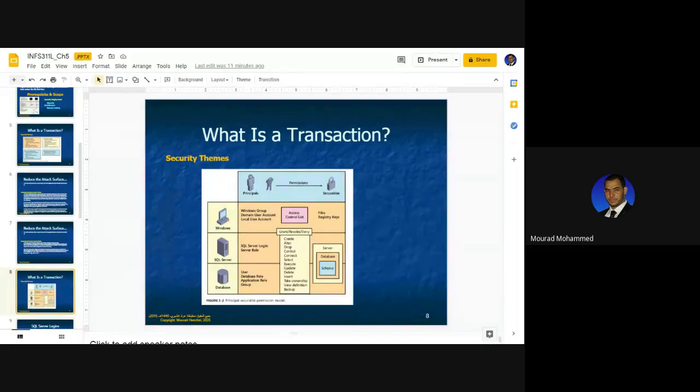On the right side we have the database, and if you can see here, the three boxes represent the physical architecture we defined early in this course. In the physical architecture, we have the server, inside it the database, inside it the schemas, and inside the schemas we have the objects, which are the place where the data reside.